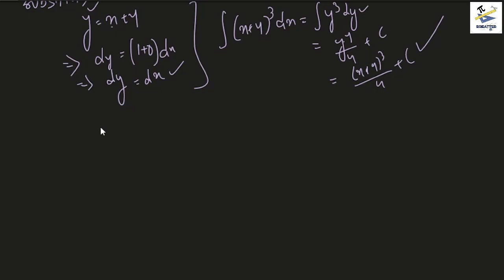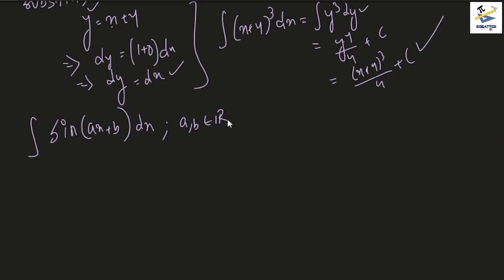Okay, let us move on to another example, which is a little bit trickier, or a tad harder than this one. Let us evaluate the integral of sine of (ax plus b) dx, for real numbers a and b. How do we do that?